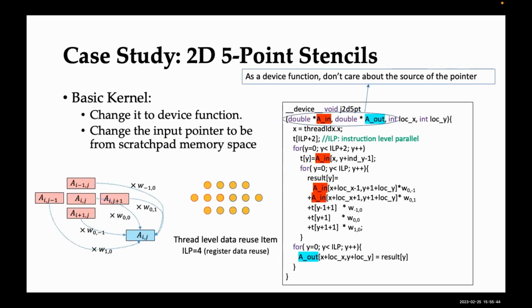This is a simple 2D 5-point stencil, in which the basic kernel is usually launched once for each iteration. You launch a kernel, tell it you have an input, and update each point by its neighboring points, finish and give control back to the CPU. Then you launch again and again. So the number of kernel launches equals the number of time steps in your algorithm.